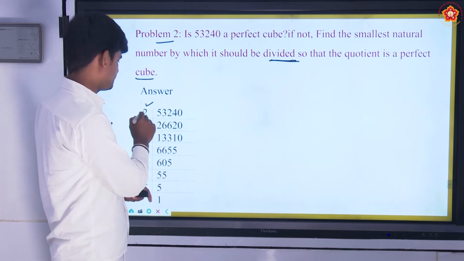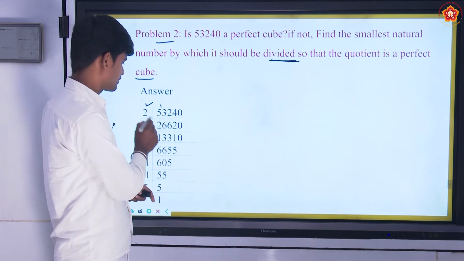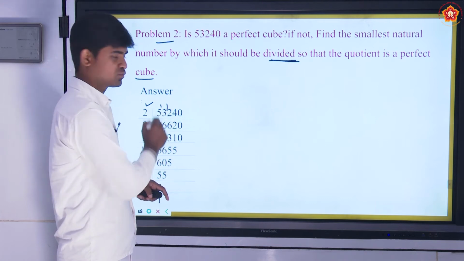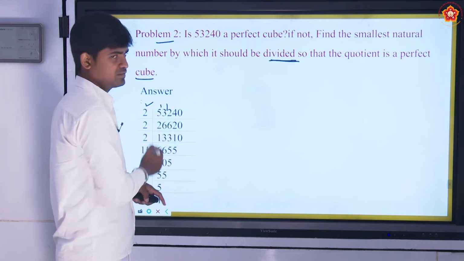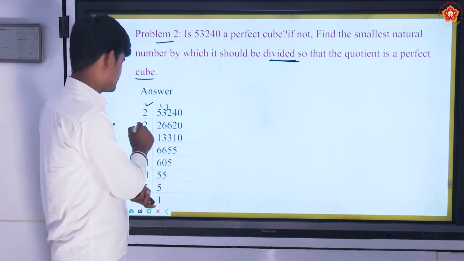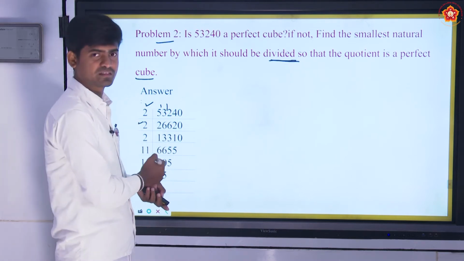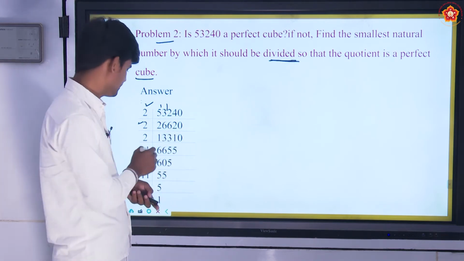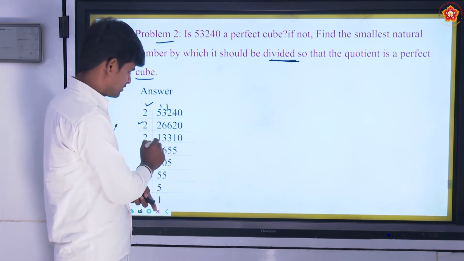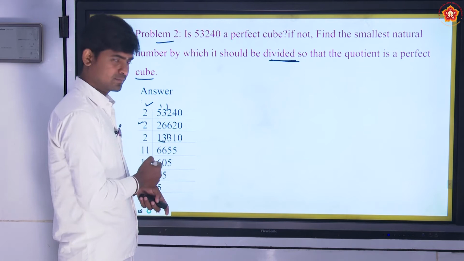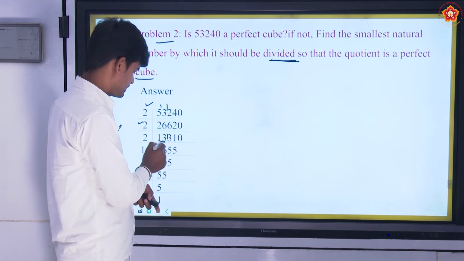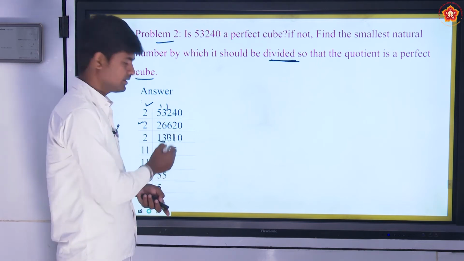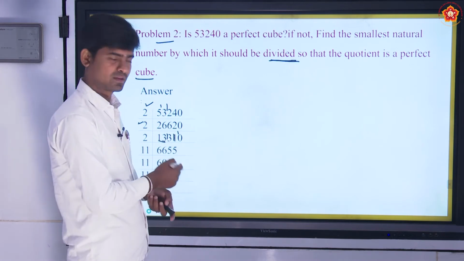Divide by 2: 2 twos are 4, 2 sixes are 12, and so on, 26620. Next again divide by 2 to get 13310, and again by 2 to get 6655. It is clear now.